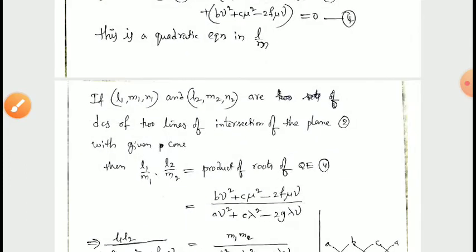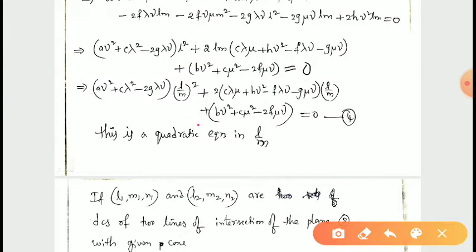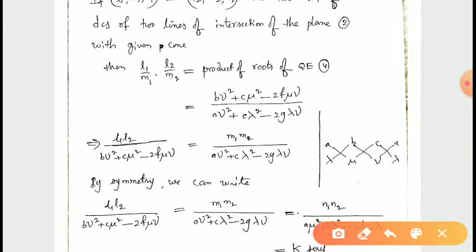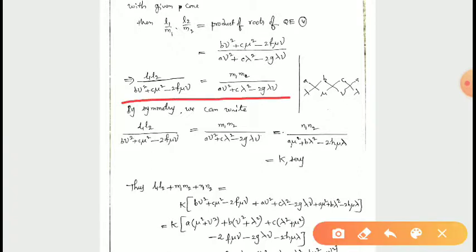Similarly, L1 by M1 into L2 by M2 is equal to the product of the roots of the quadratic equation given by 4, which is c by a, this by this. So rearranging the terms, we can write L1 L2 by b nu square plus c mu square minus 2f mu nu is equal to M1 M2 by a mu square plus c lambda square minus 2g lambda nu.